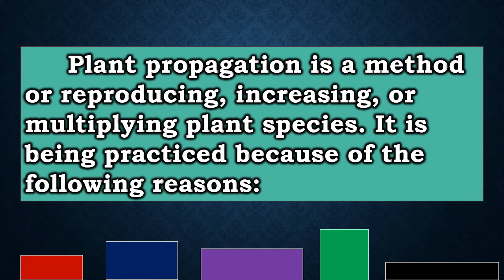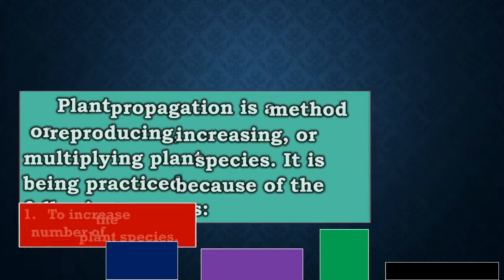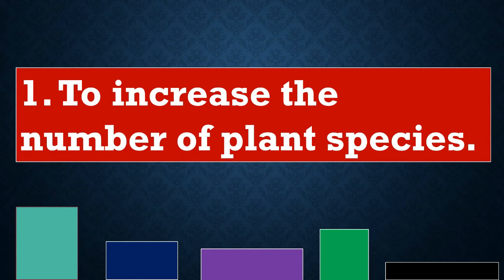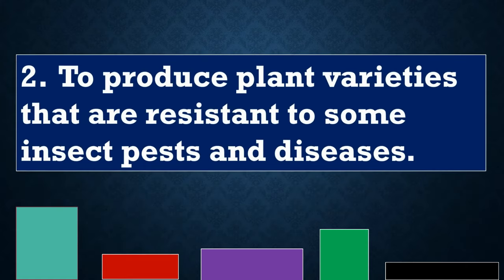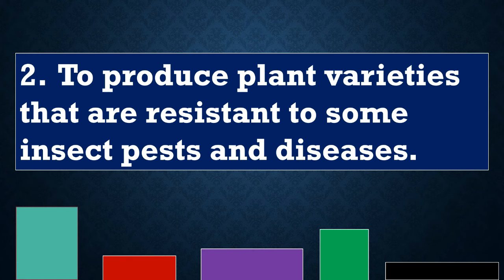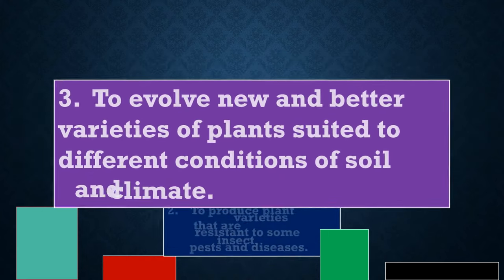It is being practiced because of the following reasons. 1. To increase the number of plant species. 2. To produce plant varieties that are resistant to some insect pests and diseases. 3.